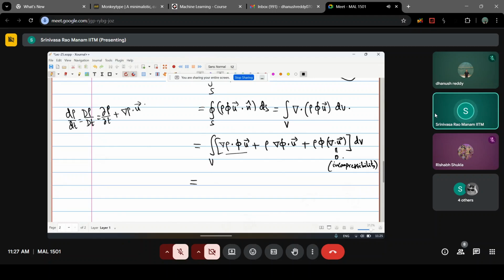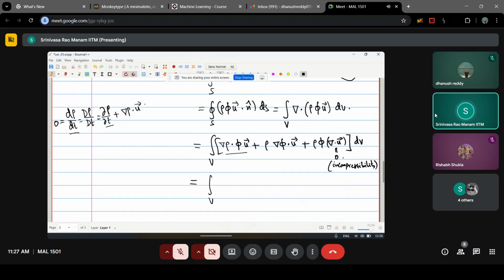So you have this already here. Phi comes out anyway. So grad rho dot u is basically d rho by dt minus this, which is 0, isn't it? Yes, sir. So you put it here this way.